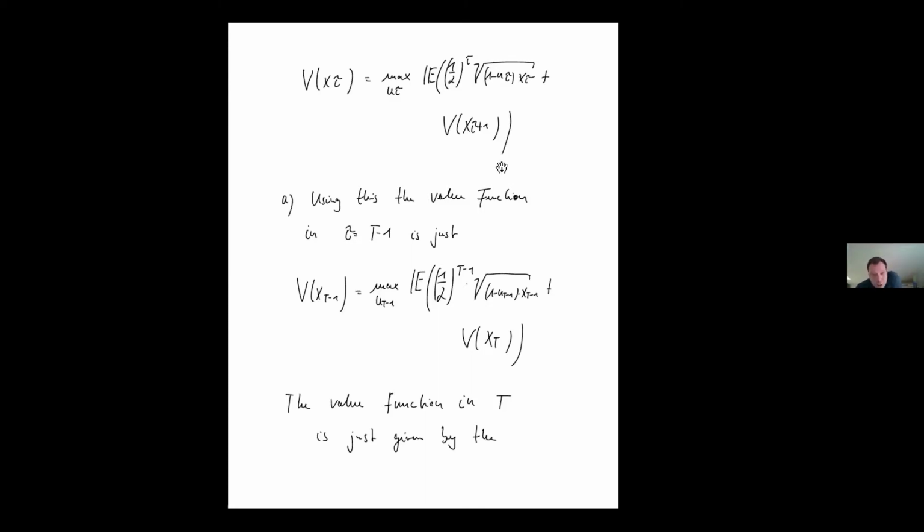So basically what you do is you just say, okay, look, if I call the utility that I get from pursuing some optimal path by the v, like an indirect objective function, well, then you can write, this is just the Bellman equation.